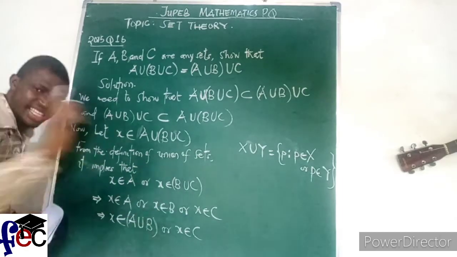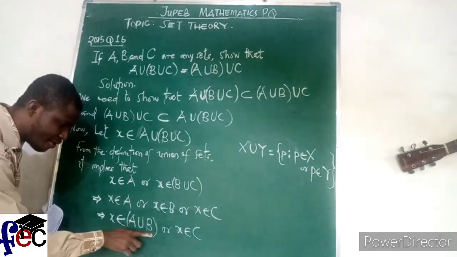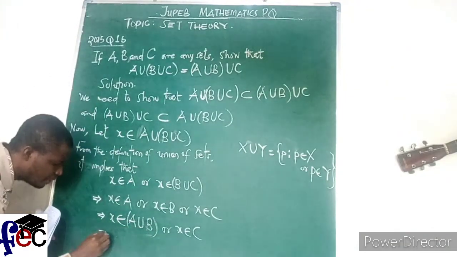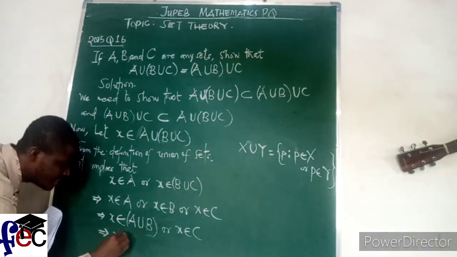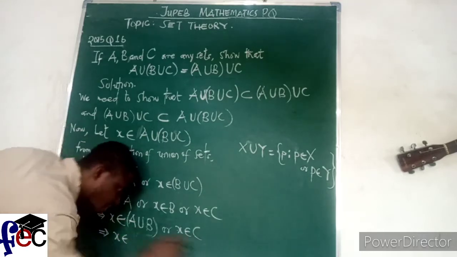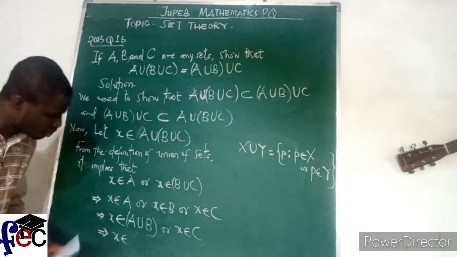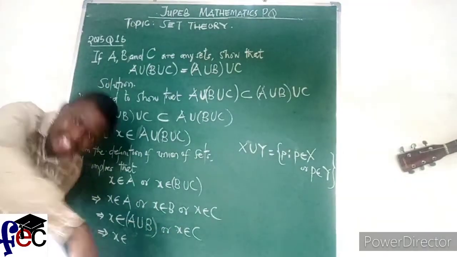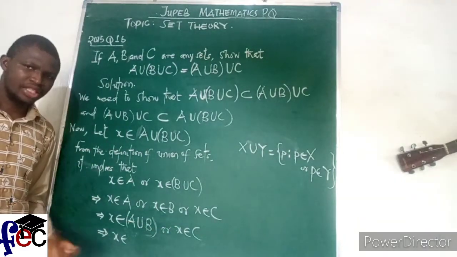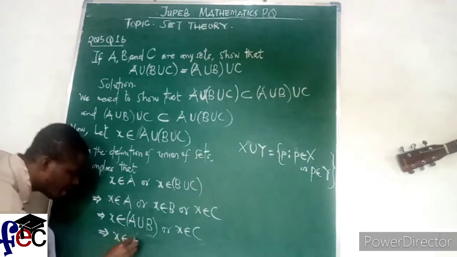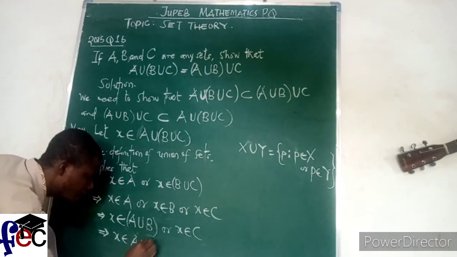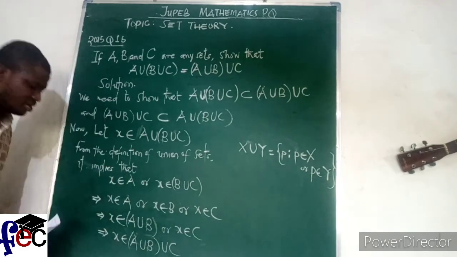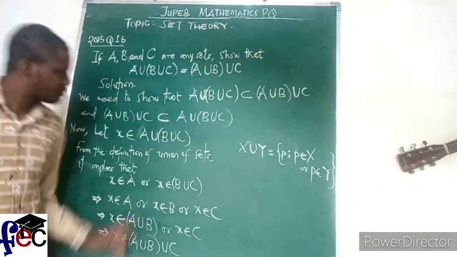So look at it. If X is a member of this or X is a member of this, definitely it will imply that X is a member of the union of these two. When you combine the elements of this and this together, you will find X inside it. You get it? So this will become A union B union C. Look at where we started from.